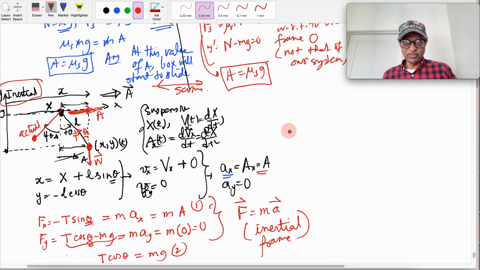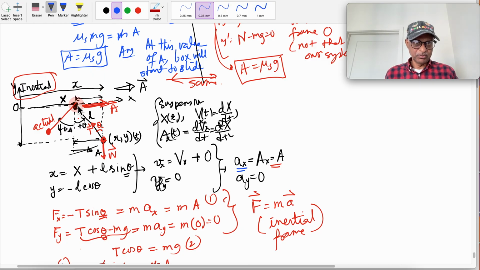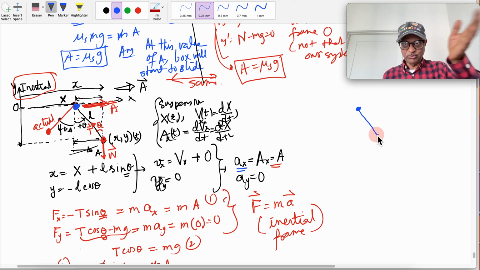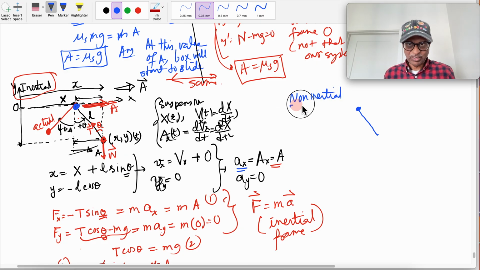Now doing the same thing in the non-inertial frame, we'll attach the frame to the suspension point itself. I'm just not going to pretend I know the previous result, because I don't need to know it. It's already solved. I'm restarting the solution in a non-inertial frame. This is how I do it.